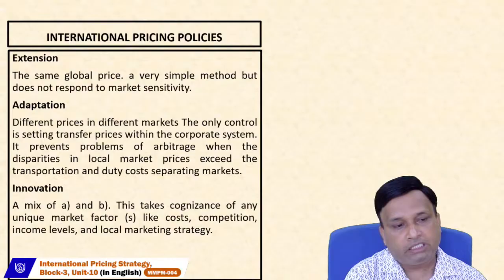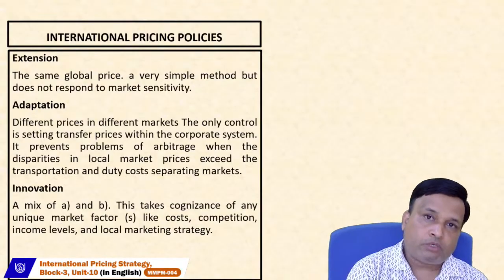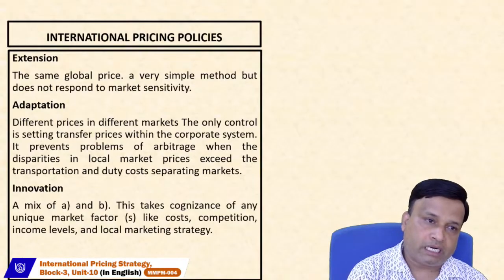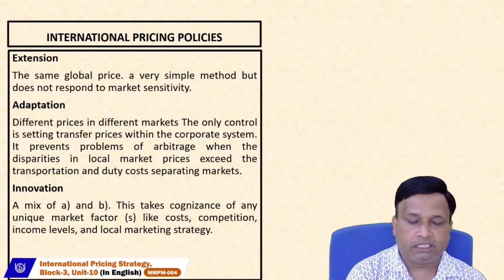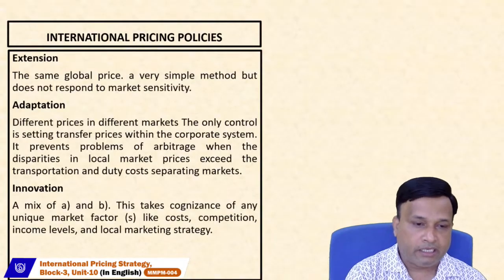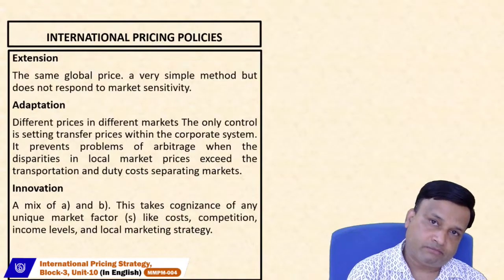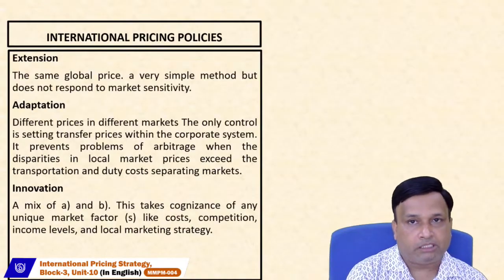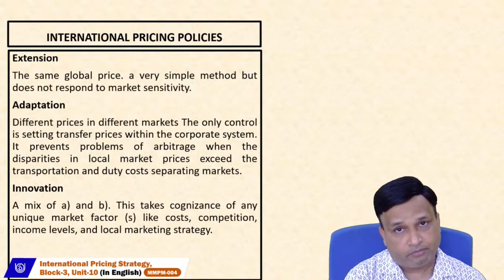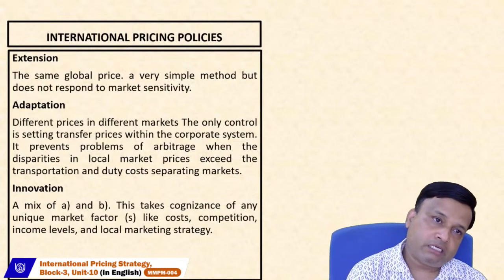And this third one is innovations. When you are going for innovation, you are mixing both extension and adaptation. This takes cognizance of any unique market factor like cost, competition, income level, local marketing strategy. So you have to bring innovations. If you are going for new, small sachets, people can go for that.